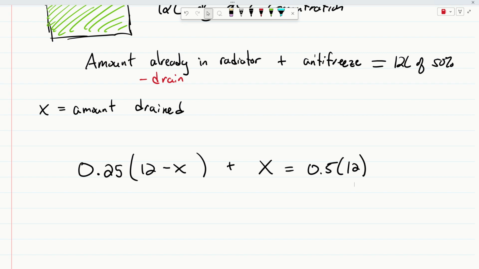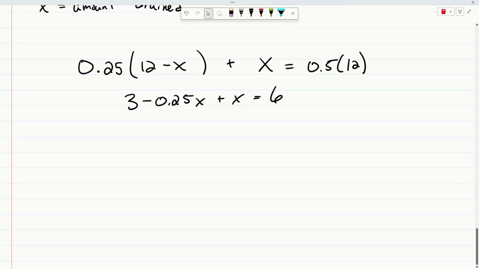From here, we can go ahead and just solve this. So 0.25 times 12 is 3, minus 0.25x plus x equals half of 12, which is 6. So now I'm going to group like terms. So I get 1 minus 0.25 is 0.75.